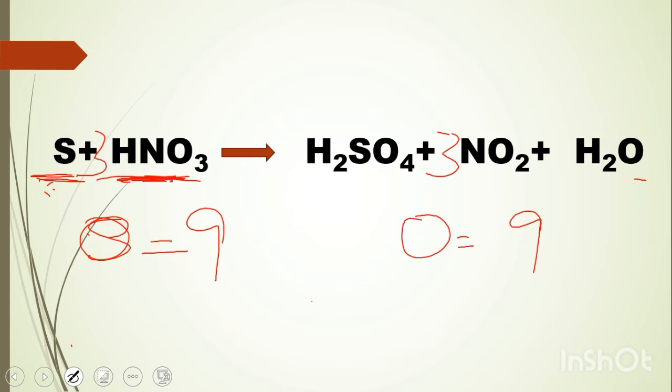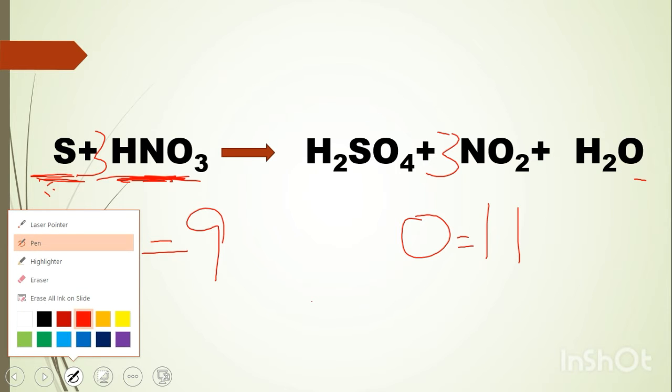After multiplying it with 3, there is a change in the oxygen number on the product side. How many oxygen are there now? 4, 6, 10, 11. There are 11 oxygen on the product side and 9 on the reactant side.